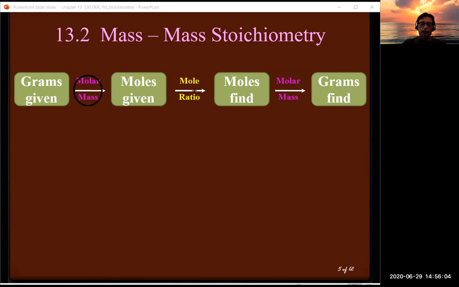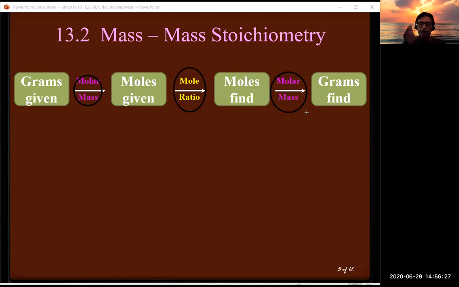Okay. From the balanced chemical equation, the mole ratio, the stoichiometry, I can find the moles that I'm looking for. And once I know the moles that I'm looking for, if I determine the molar mass of the compound I'm looking for, I calculate the number of grams. Okay.